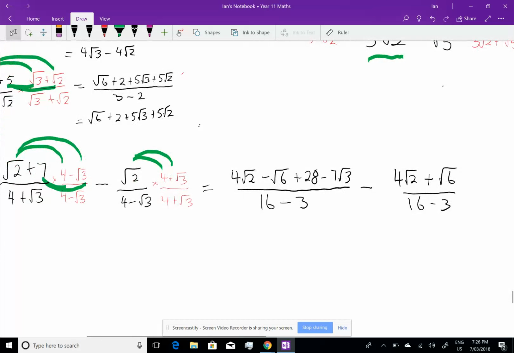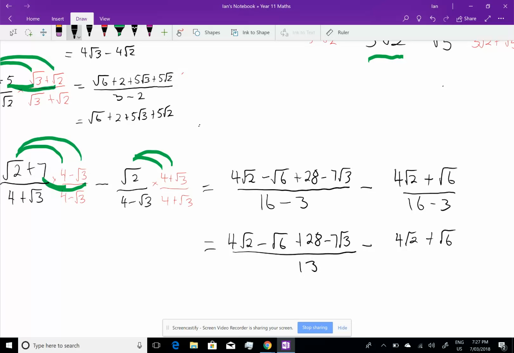Well, this is going to be good. I'm not going to have to get a common denominator because I'm already going to have one. 4 root 2 minus root 6 plus 28 minus 7 root 3 minus 4 root 2 plus root 6, and they both have a denominator of 13.